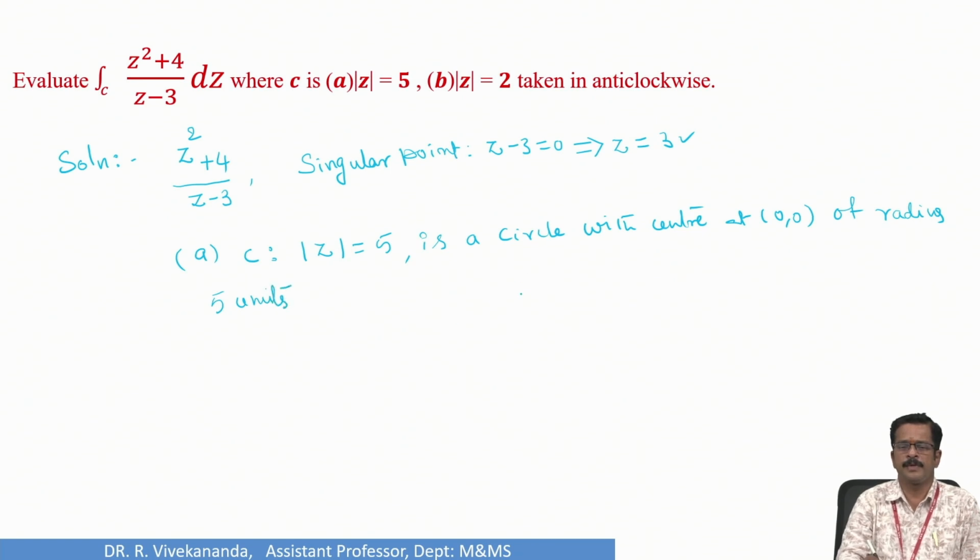So this is the circle drawn with 5 units radius.